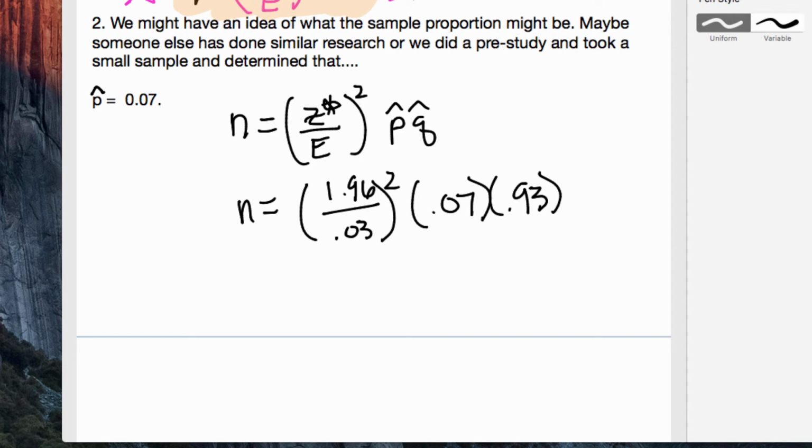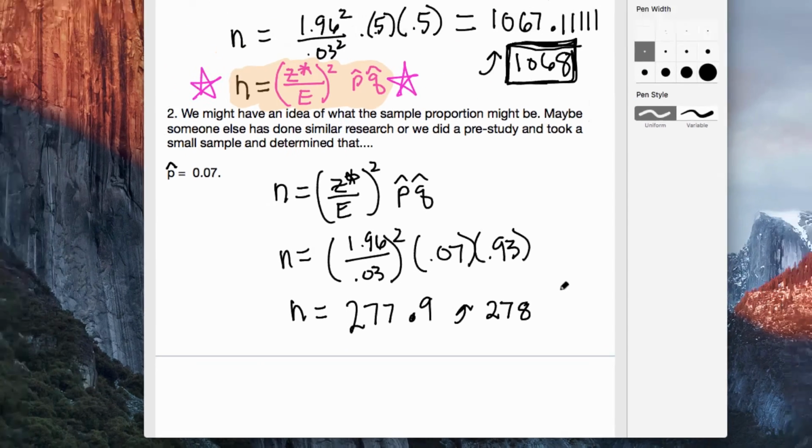There we go. All right, I got n is equal to 277.9. Now remember, we can't sample a fraction of a person, so I'm just going to go ahead and round this up to 278 people. So there would be 278 participants in our study.